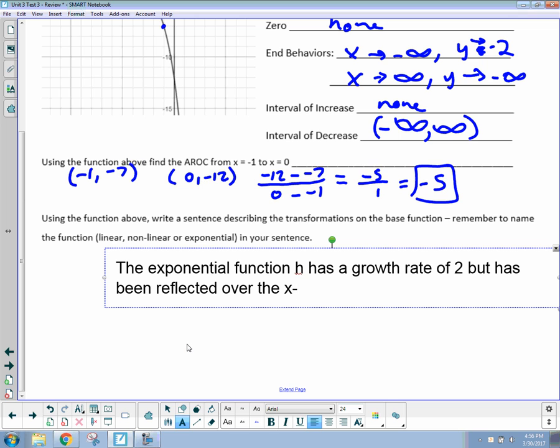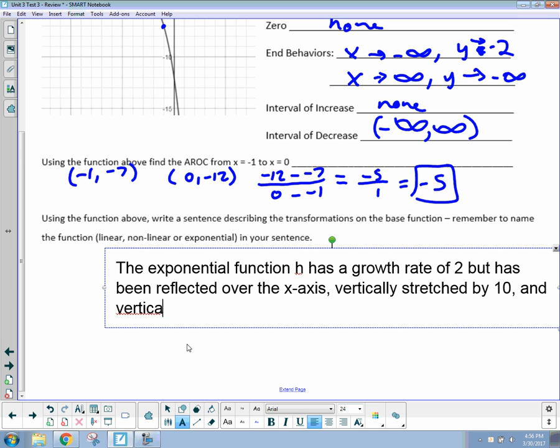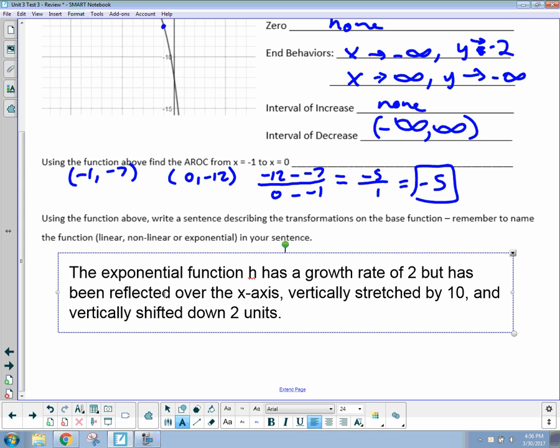Has a vertical stretch by 10 and vertically shifted down 2 units. Now I know it's weird to say growth for this one, but remember it was reflected, so it's okay. That's it for that one.